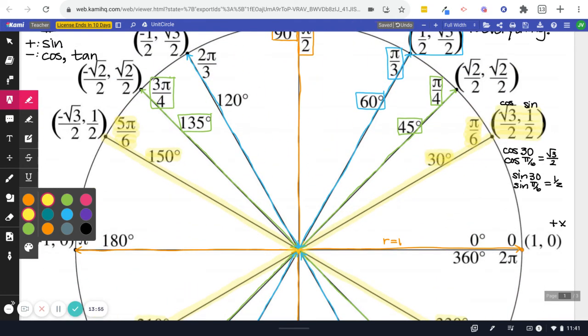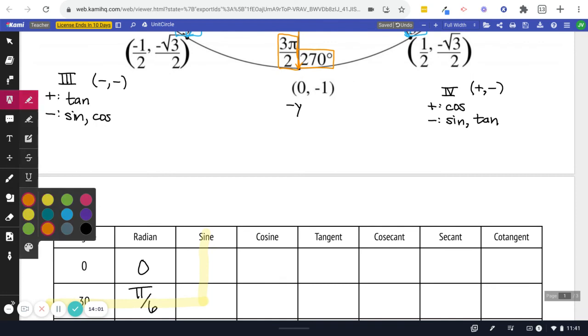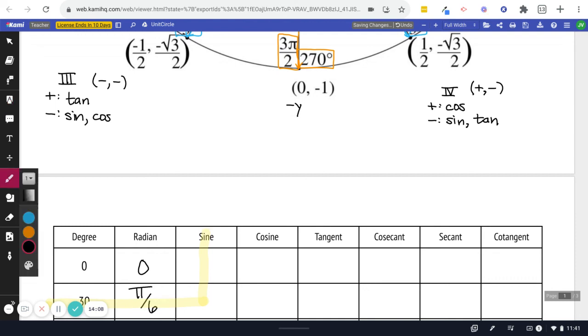Here's 30 degrees. Sine of 30 is 1/2, because according to the ordered pair, the y part of the coordinate is 1/2. If I wanted to know cosine of 30, I'd go back to that ordered pair and check the x coordinate.